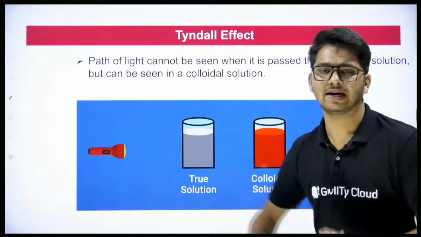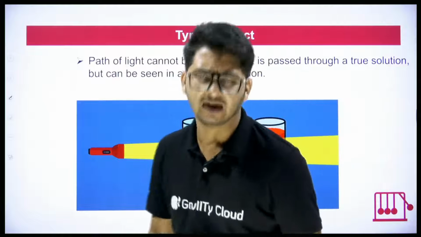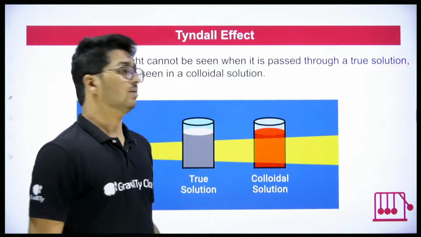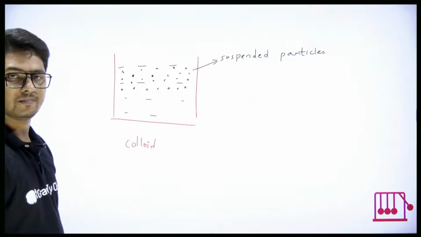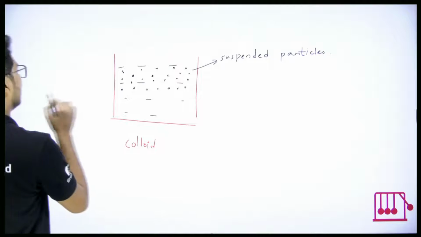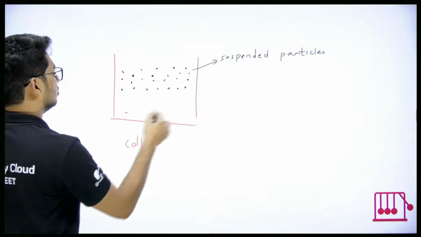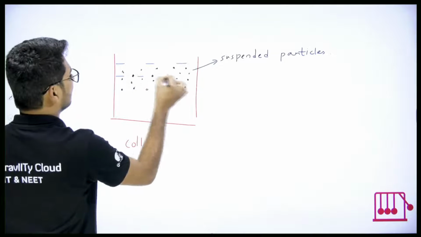There are no suspended particles, it is completely dissolved. Like when you add, let's say, salt to water, it will be completely dissolved. It will be a true solution. But when you have particles suspended like this, what do you call that? You call it a colloidal solution.